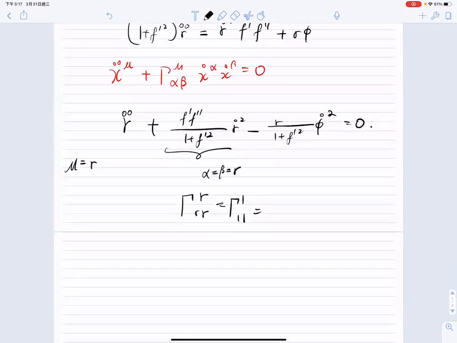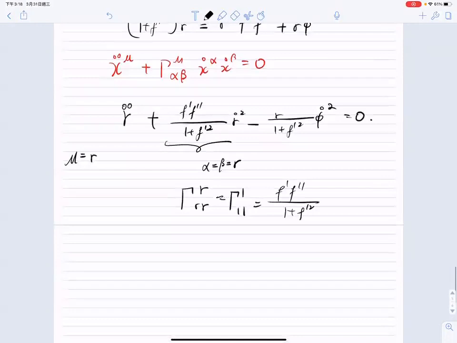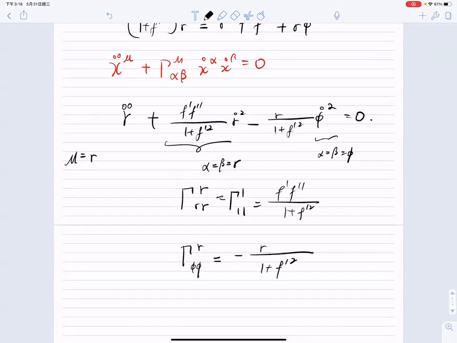And then you can calculate the Christoffel symbol, which is equal to this guy. Sorry about that. And this guy would be alpha equal to beta equal to phi, where the Christoffel symbol gamma r phi phi is equal to minus r times 1 plus f prime squared.